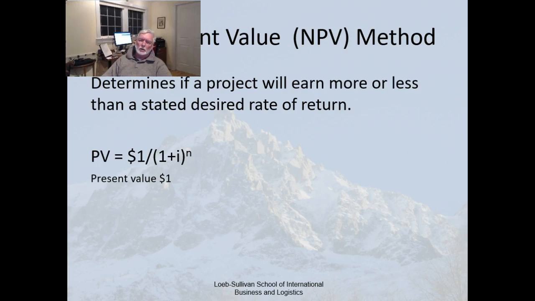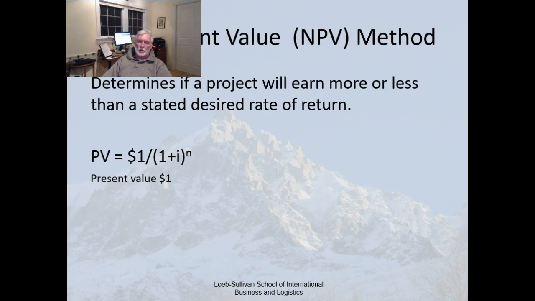The second method that we're going to talk about is the net present value method. It determines if a project will earn more or less than a stated desired rate of return. So the calculation: present value of $1 equals $1 divided by 1 plus an expected interest rate, the desired rate of return, raised to the power of the number of years.